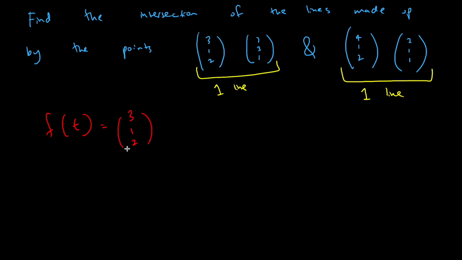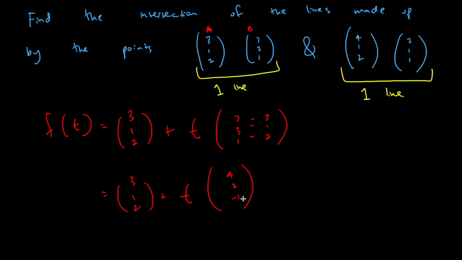We have (3, 1, 2). I'll just call these A and B. So we have (3, 1, 2) plus t times (7, 3, 1) minus (3, 1, 2). And this is just (3, 1, 2) plus t times (4, 2, -1).